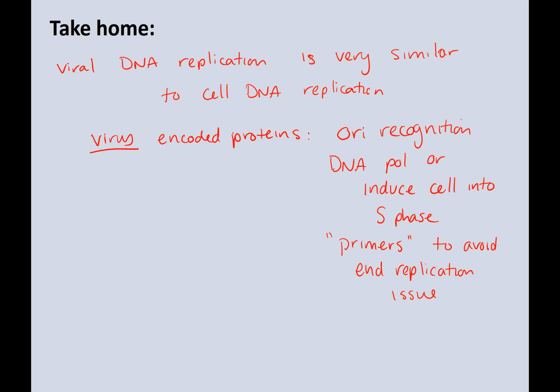So these are unique to each virus, depending on what they encode, and how they deal with this end replication issue is what I was just showing you in the last slides. Being circular, circularizing, having inverted terminal repeats, somehow avoiding the use of an RNA primer like our cells do.